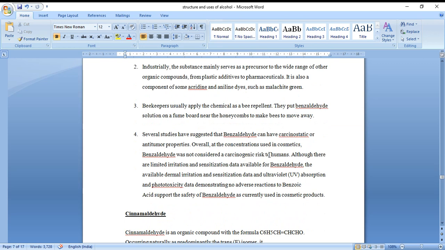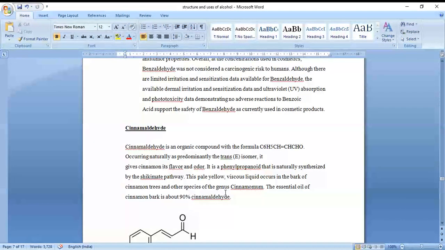At the concentrations used in cosmetics, it is not considered to be a risk to human beings. Irrespective of its limited irritation and sensitization data, benzaldehyde can be used, it has fewer adverse reactions, and it is widely used in various cosmetic products.